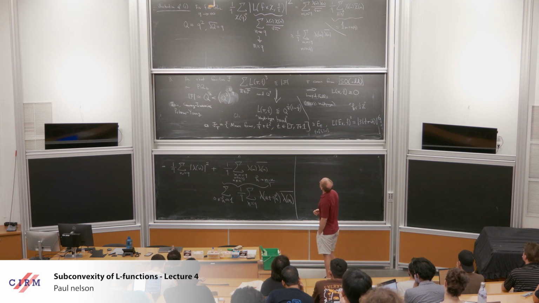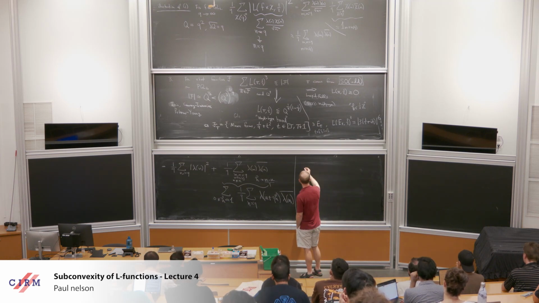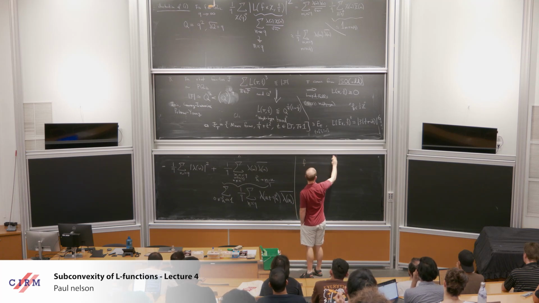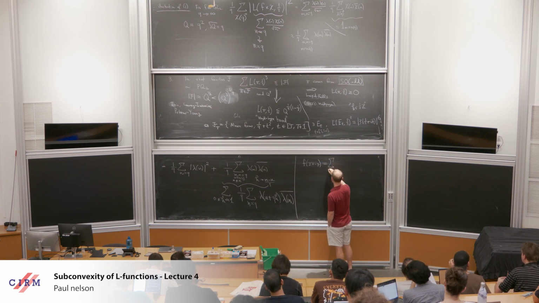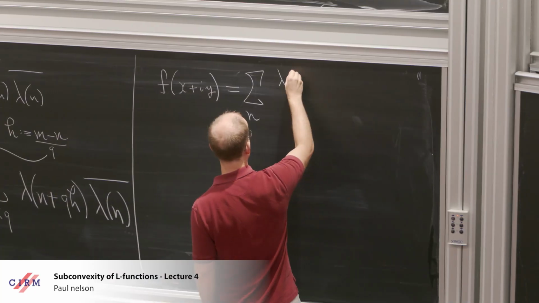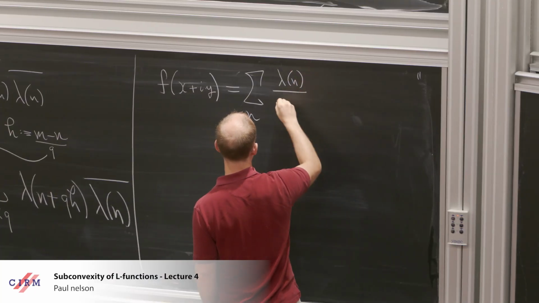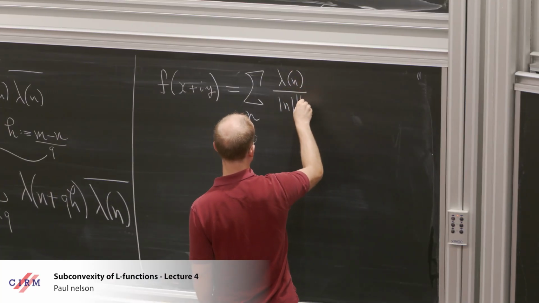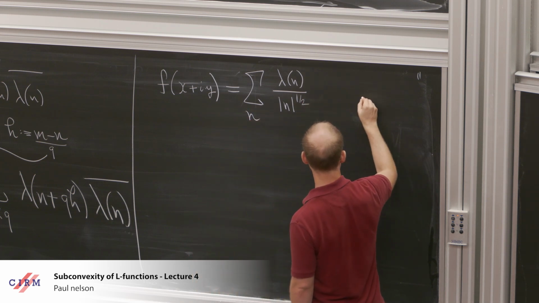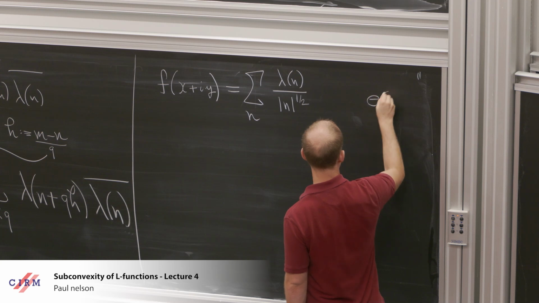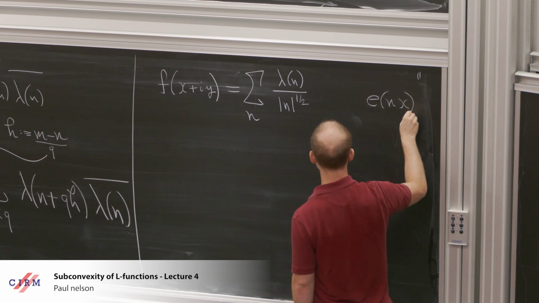Lambda is the coefficient of f. A modular form usually starts life as a function on the upper half plane, given by a Fourier expansion, something like a sum over n of lambda n, maybe divided by the square root of n. And this is, of course, a Fourier expansion, so we have a term e to the 2 pi i n x.